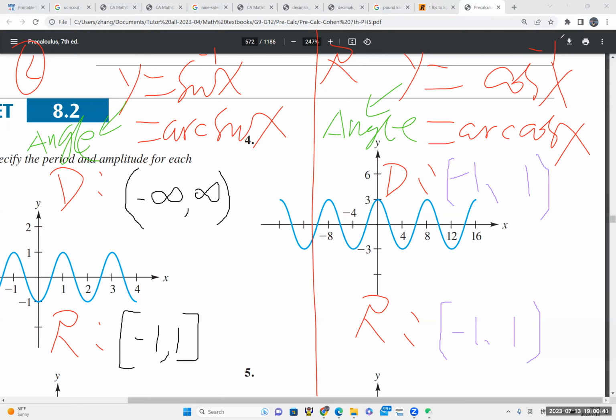For example, when x equals this, suppose either arc sine or arc cosine equals pi over 4. That means in degrees, 45 degrees, right? Anyway, think about it carefully.